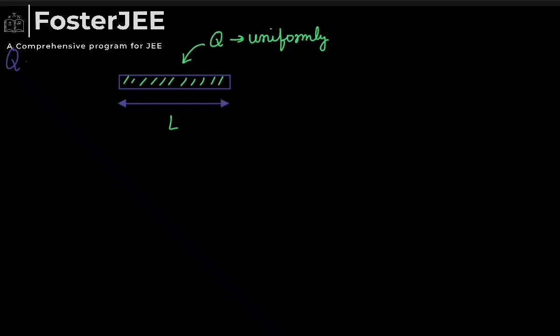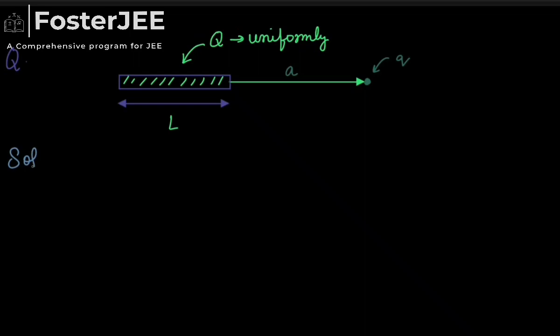Now, suppose we have a point at a distance A from the near end of the rod. Suppose this is a charge of magnitude Q. Now, we have to find the total force of electrostatics acting between these two charges.